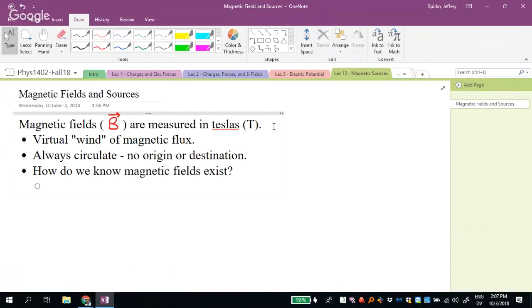Today, I mostly want to talk about what creates magnetic fields and how to calculate how much magnetism is created by certain things. But we do want to justify it a little bit. So how do we know that magnetic fields exist?